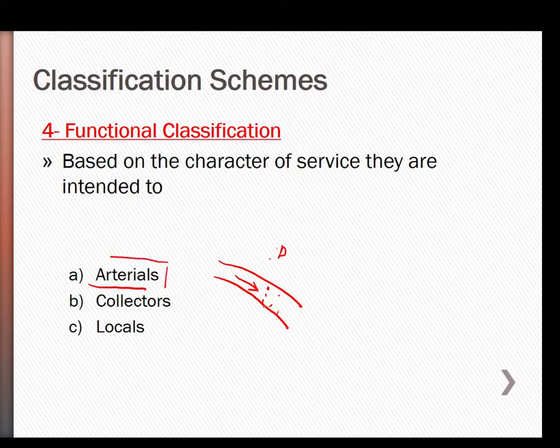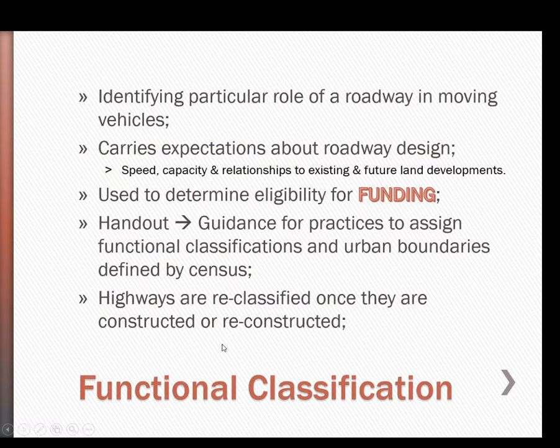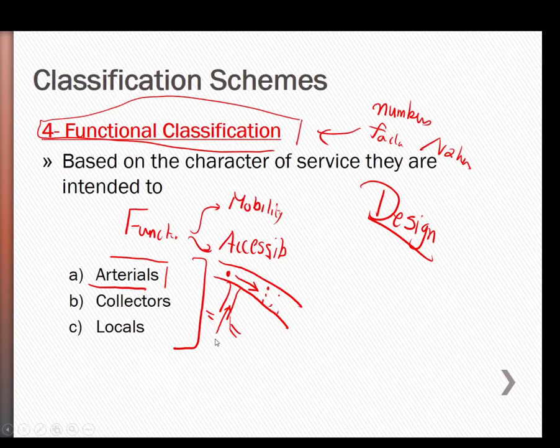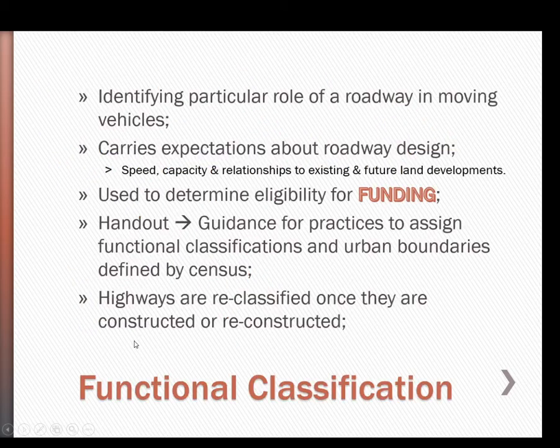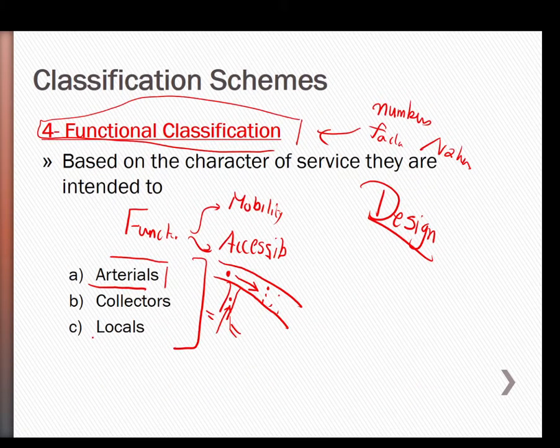The second one connects to that, and it collects traffic from smaller roads, and we call these collectors. The arterials have higher speeds than the collectors, which have also higher speeds than the locals. Finally, the locals we all use, and they are the longest roads. If you have a map, they are like the veins of your body.